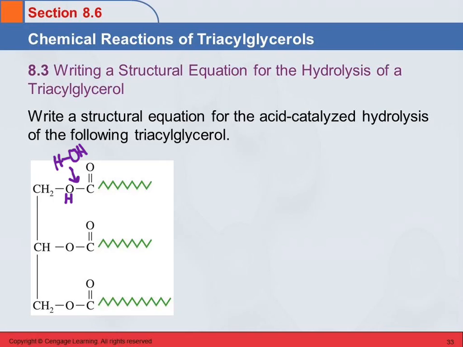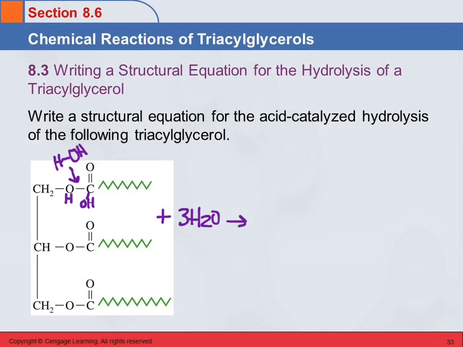And hydrogen is going to go on that oxygen, and the OH is going to go on the carbon. And that's going to happen for each of these, because the acid-catalyzed hydrolysis is going to be a complete hydrolysis. So this would be plus, we're going to need 3 water molecules, and then what are we going to get?